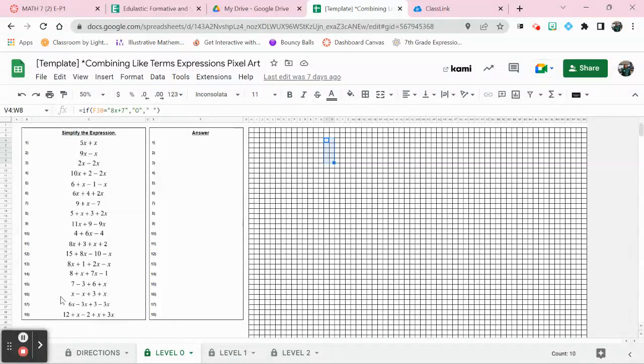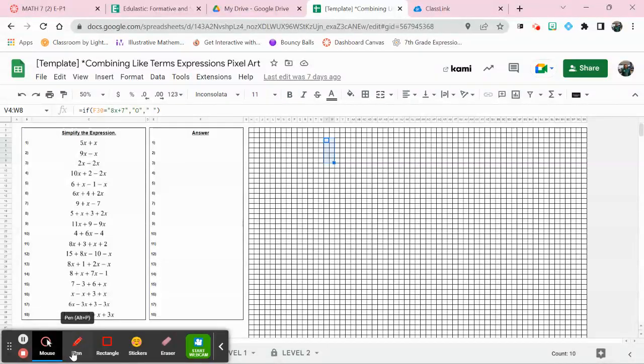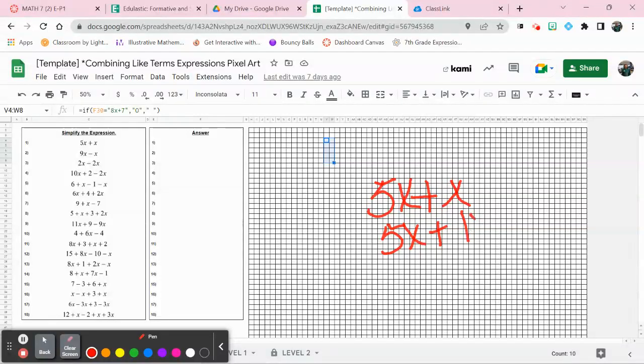Okay, the first one we have is, doesn't want to let me write there. Let me go back. 5x plus x. So that is going to be written as 5x plus 1x, because we just have one of them there. So they both have x's.